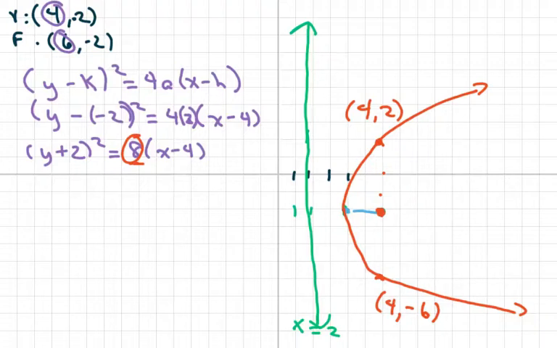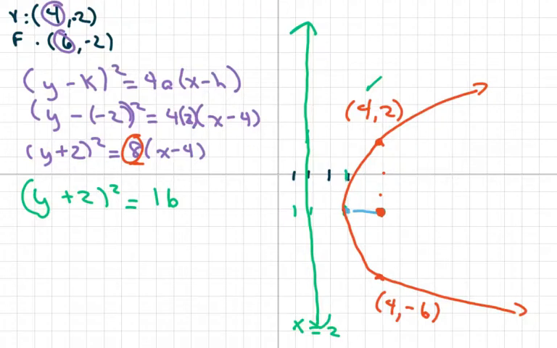So I'm going to plug in x is 4, and you'll get y plus 2 squared equals 16.